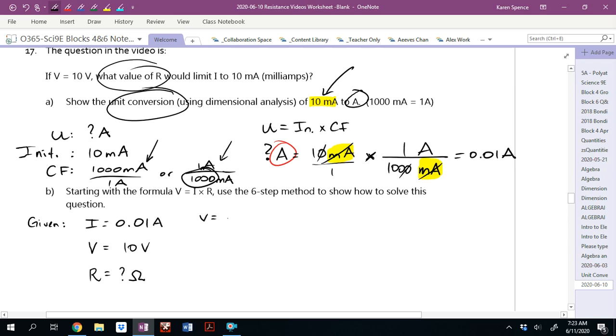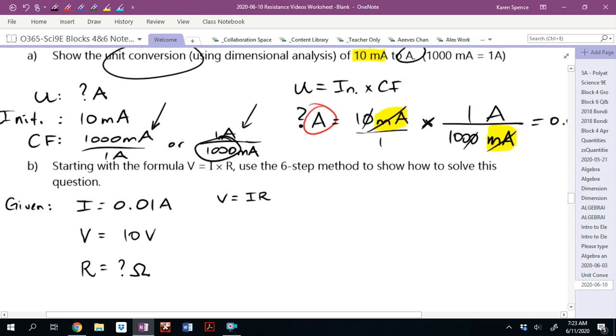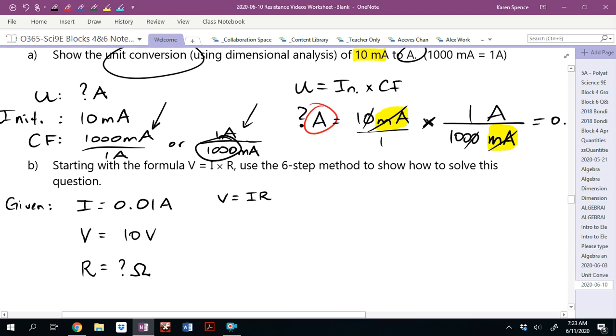So we are starting with V is equal to I times R. That is the formula we've started with. We want to have R on its own, so we're going to divide both sides by R. No, we're not. I want R on its own, so I need to declutter it of the I, so we divide both sides by I. Coffee, must get coffee after this.